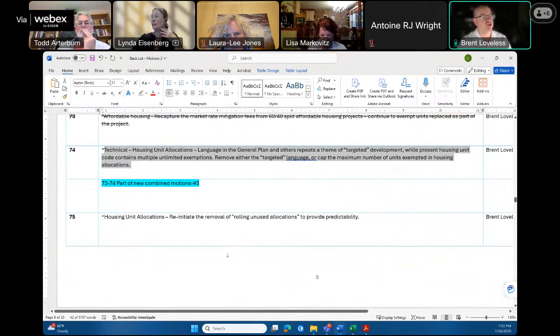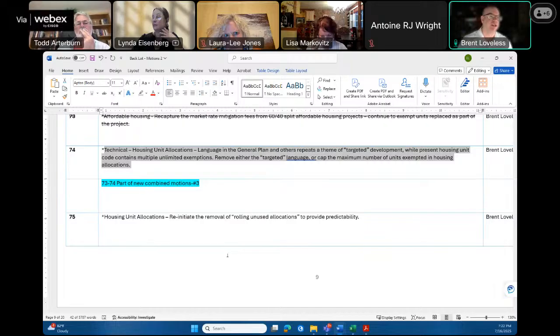The motion is to either remove the language of targeted in our general plan housing unit allocations or cap the number of units in exempting housing allocations.